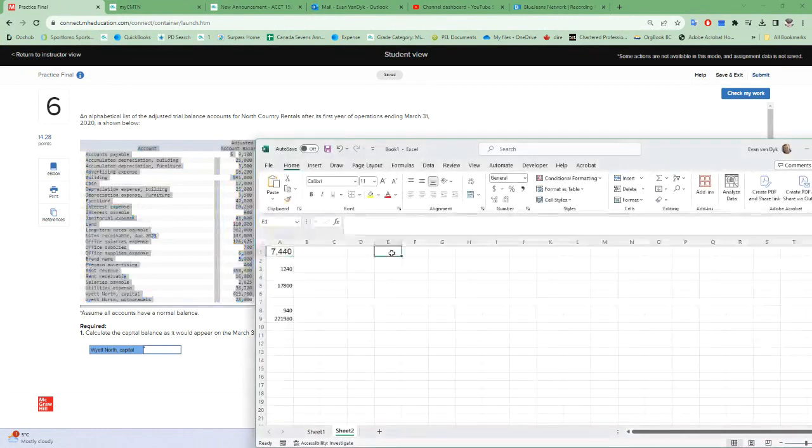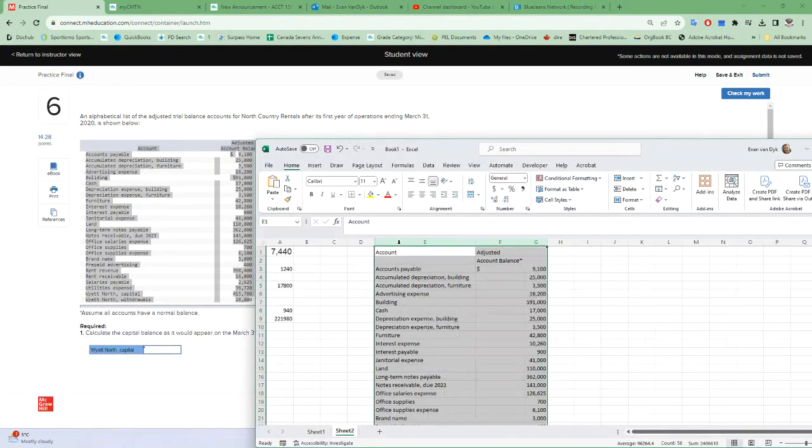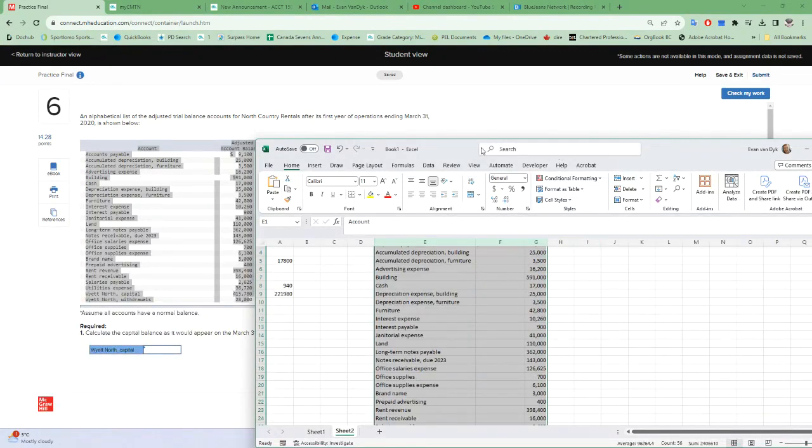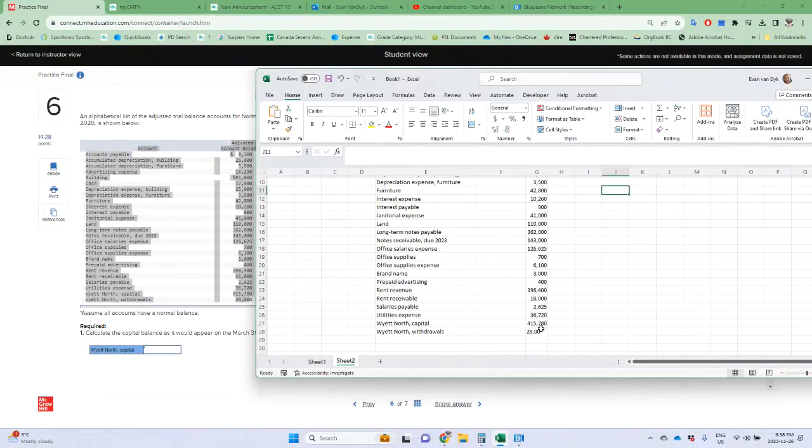Copy this out here. So right, so I said we'll take the capital. We're going to add any revenue. So I've got a rent revenue here.